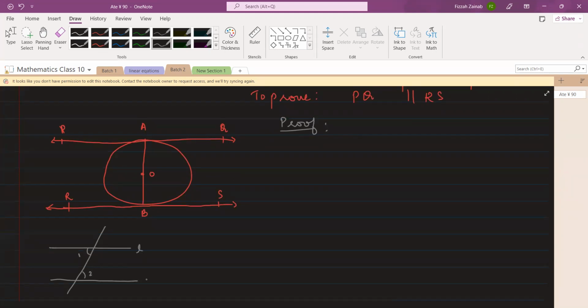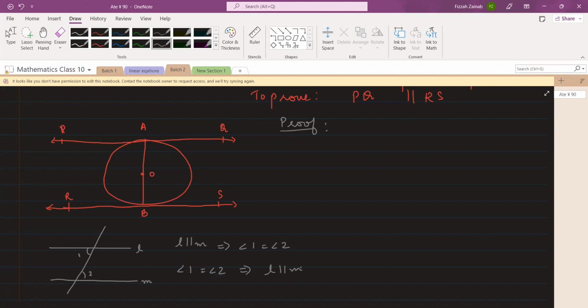Let's say the lines are L and M. So the theorem is that if L is parallel to M, that implies that angle 1 is equal to angle 2, alternate interior angles, right? Yes, ma'am. And the converse theorem is that if angle 1 is equal to angle 2, that implies that the lines are parallel, right?